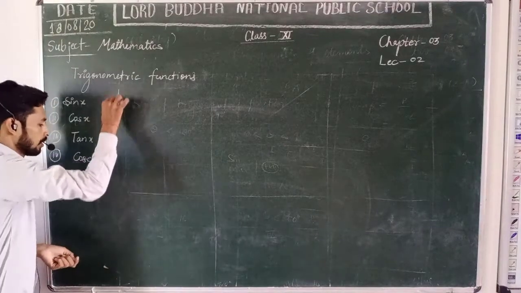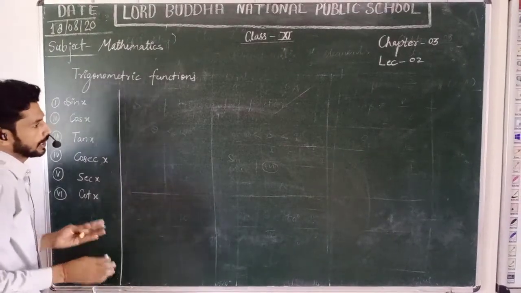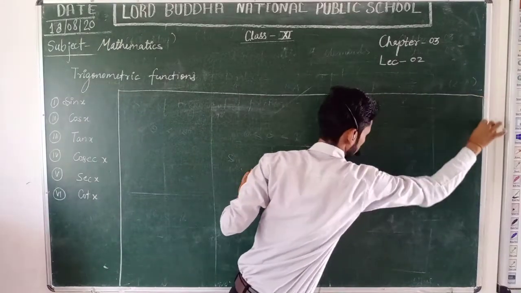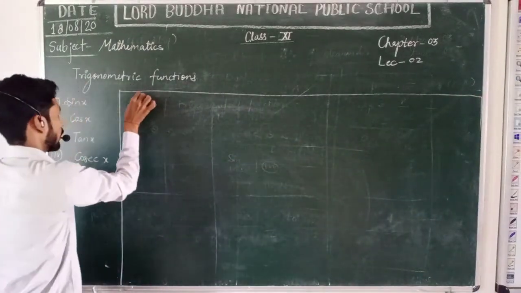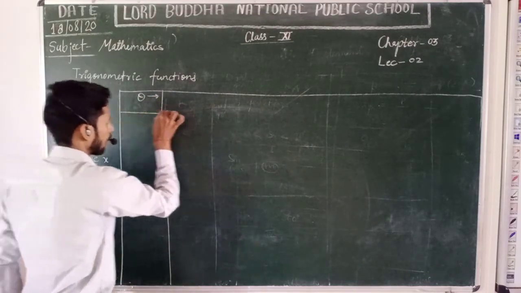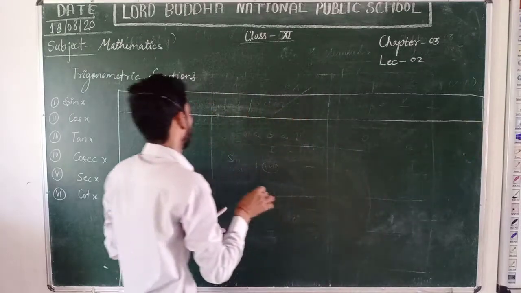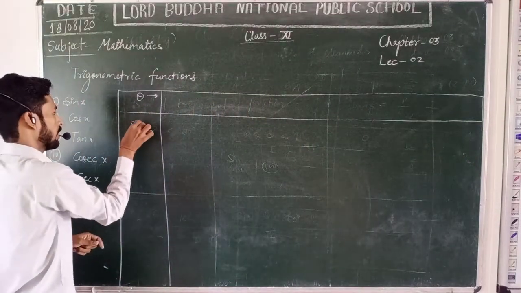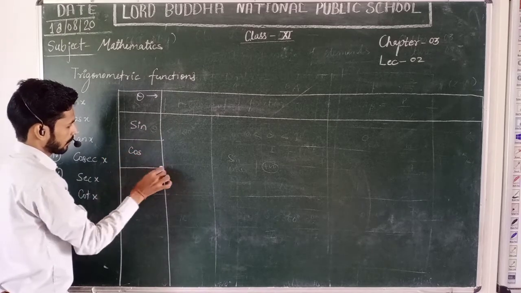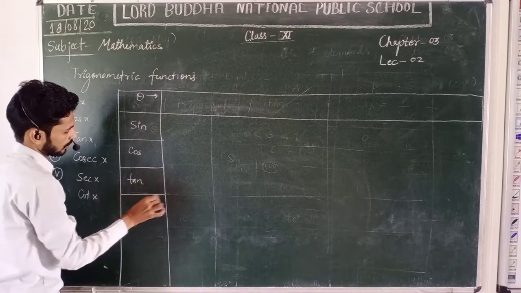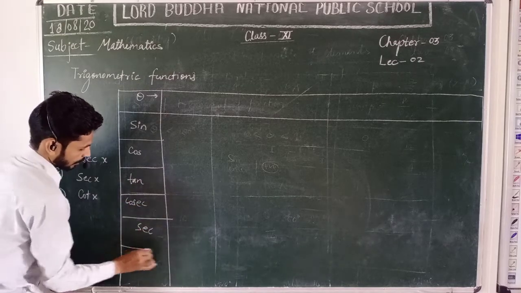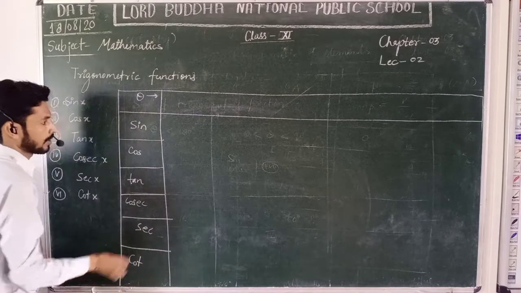Like if we are going to draw a table like this, in this form I will write the angles in the horizontal form, and in the vertical form I will write sine, cos, tan, cosec, sec, and cot.